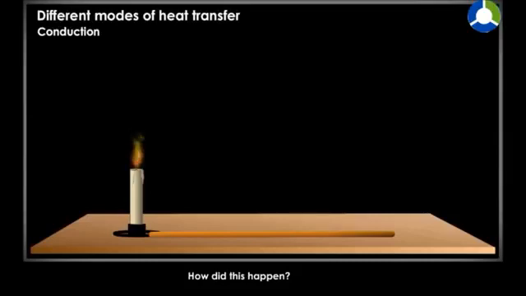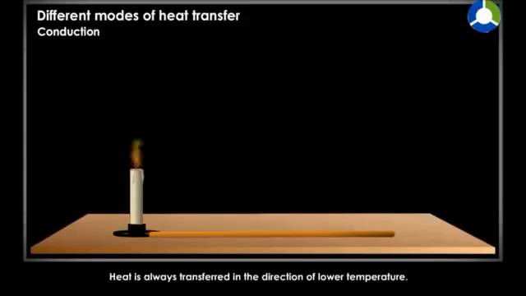How did this happen? Here, the candle flame was hotter than the copper wire. Heat is always transferred in the direction of lower temperature. So, here heat is transferred to the copper wire.